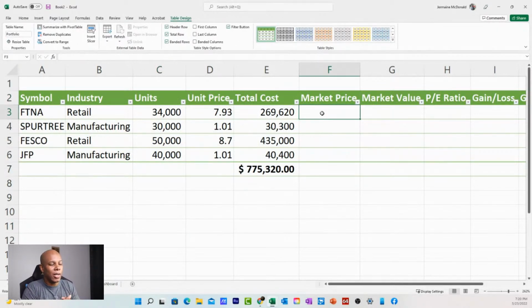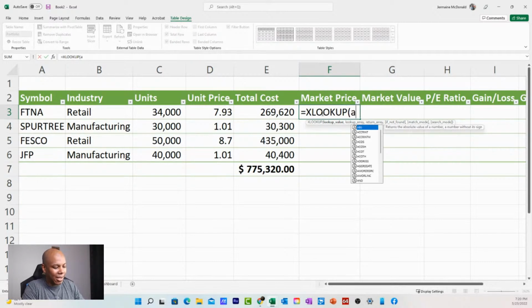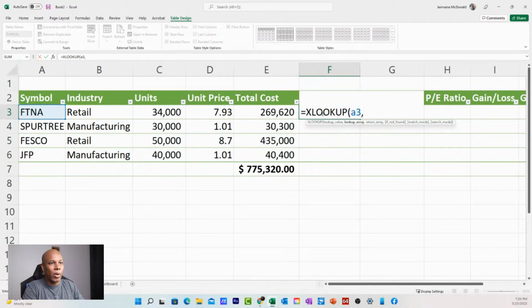All right. So we're going to pull the market price. I'm going to use a function called XLOOKUP. And then I want to look up the value that's in cell A3. All right, that's the first cell. And then I'm going to tell it where to look up that value from. So if you remember, the table is called trade sheet.